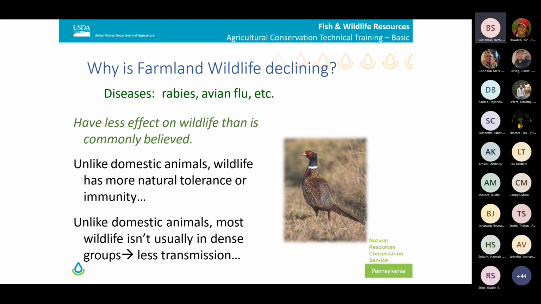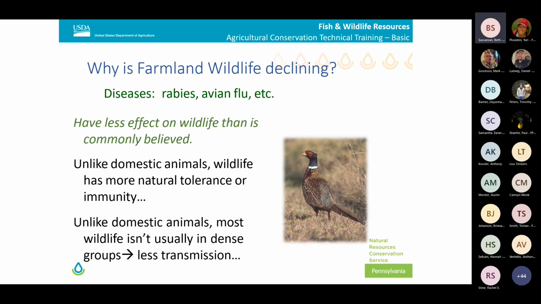Then we talk about diseases. We think of rabies. We think of the highly pathogenic avian influenza that we're seeing now, chronic wasting disease, West Nile virus, those sorts of diseases that are out there and we are concerned with when we go onto farms. They have less effect on wildlife than we typically believe when we see them on farms.